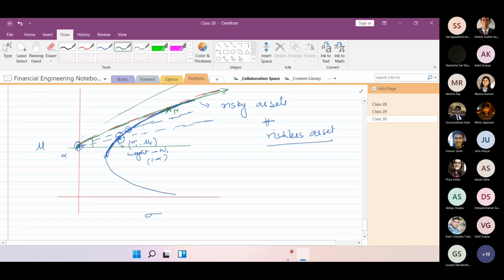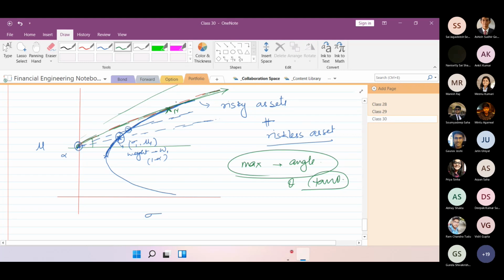Tomorrow we will see how we are maximizing the angle theta, or tan theta, whatever you can call it, and then we will get the market portfolio.